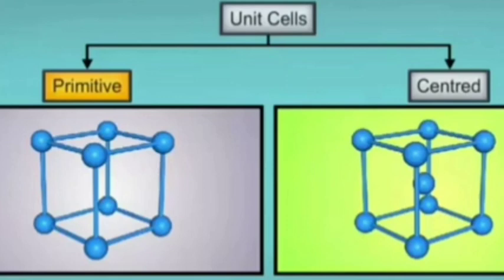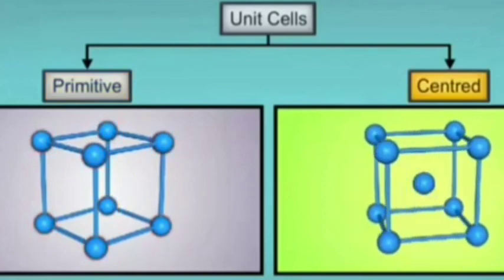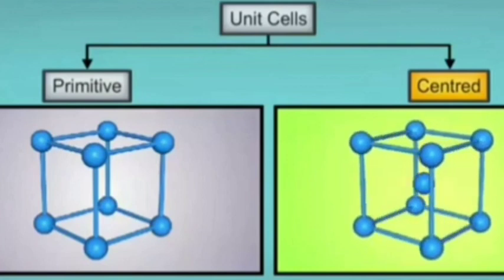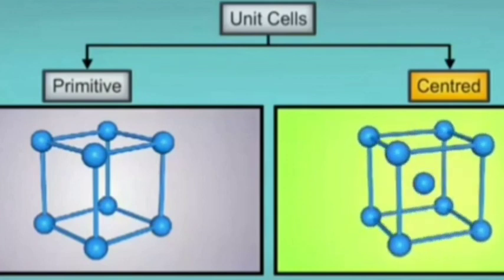The second type is the centered unit cell. In this unit cell, one or more constituent particles are present at positions other than corners, in addition to those present at the corners. So, unit cells are classified into two types: primitive and centered unit cells.